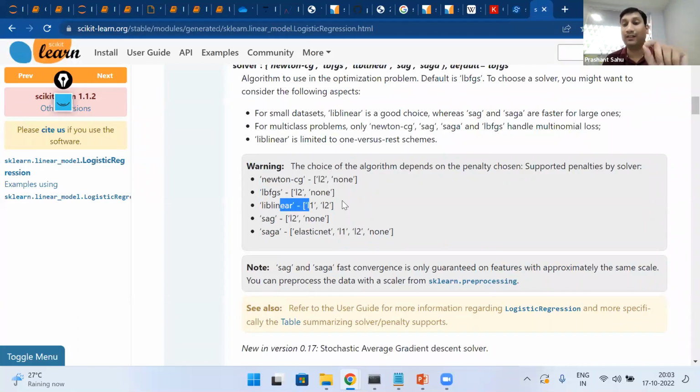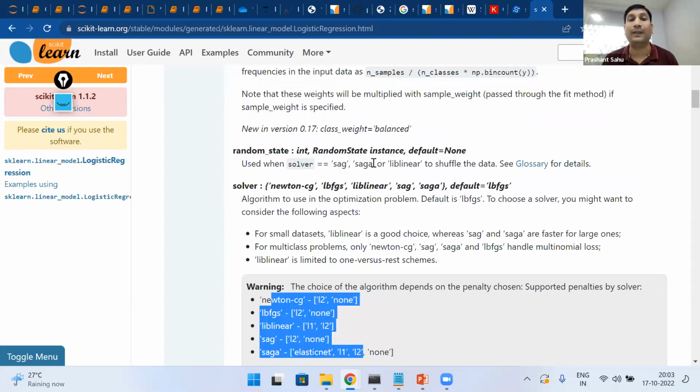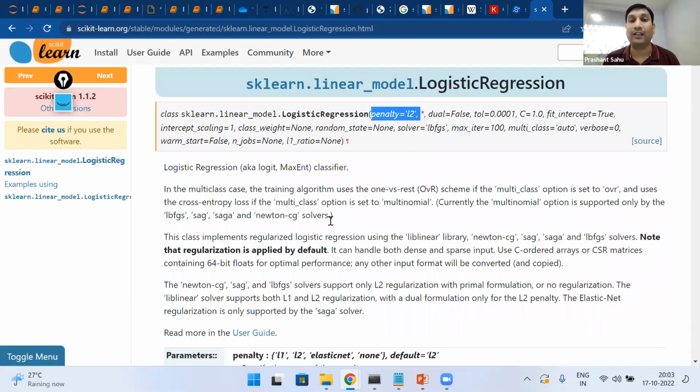L1 penalty is supported only by liblinear and SAGA. If you are going for L2 penalty, which is the default, then you can select any of these. The default penalty is L2, and it is clearly mentioned here that regularization is applied by default.